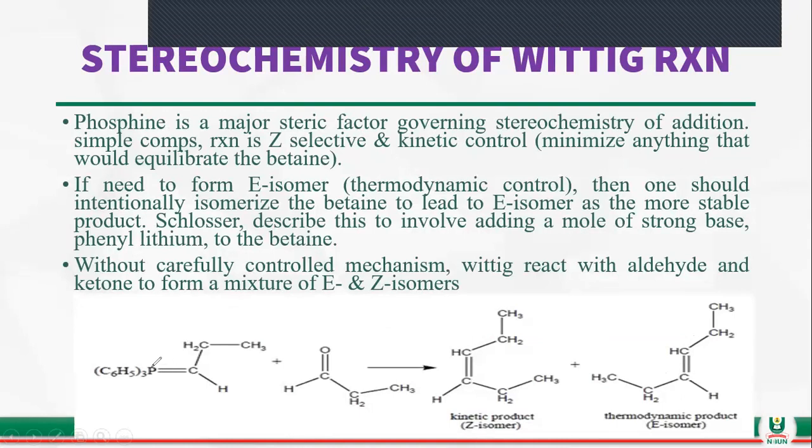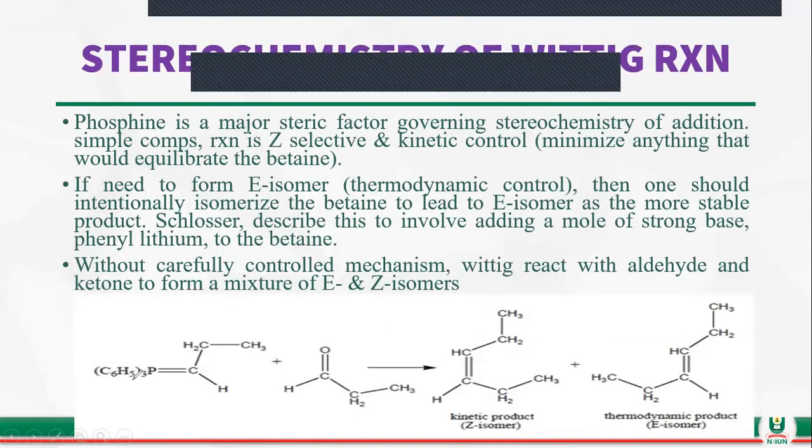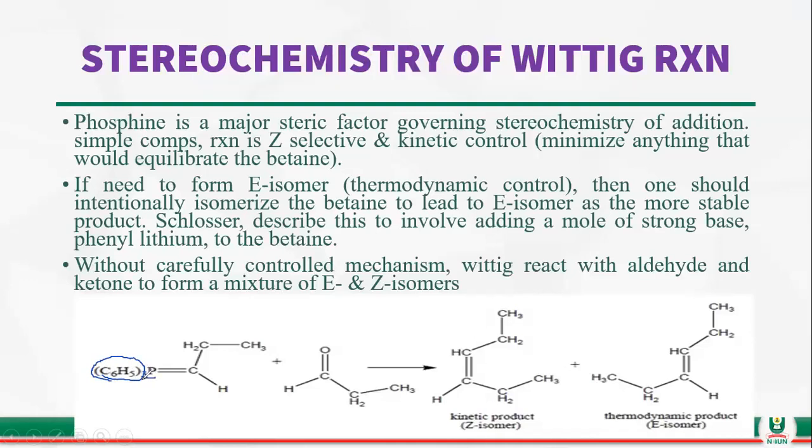You can see this phosphine has 3 benzene rings, so a steric effect is already being created at this side. And when you have this, as our Wittig, you break it here. The oxygen of your ketone will come and join with this phosphorus as a side product.